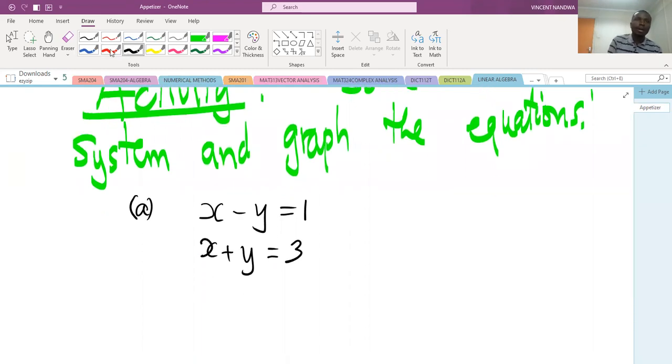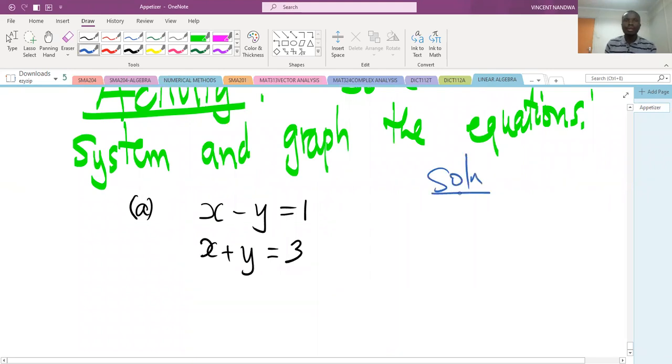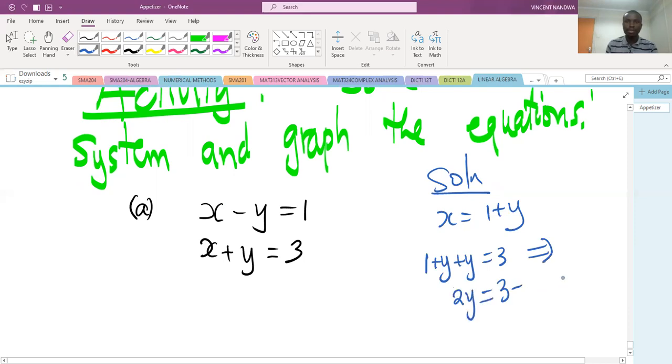If we use substitution, then from equation 1, x is given by 1 plus y. Where x in equation 2 is replaced by 1 plus y, I'll have 1 plus y plus y equals 3. And this tells me that 2y equals 3 minus 1, which is 2.